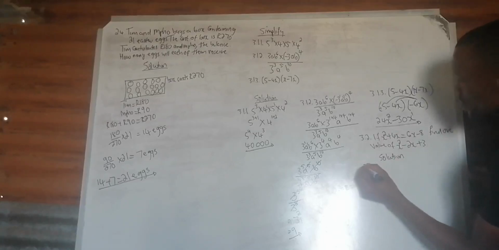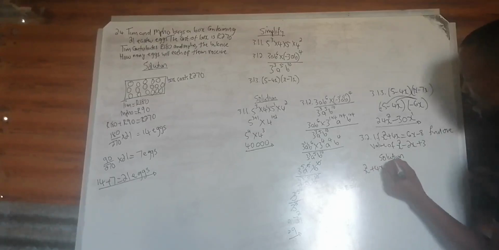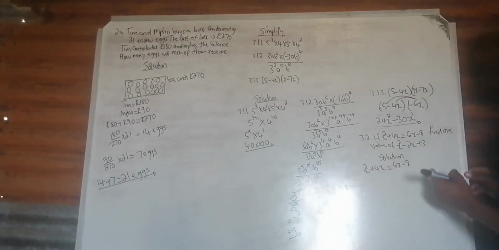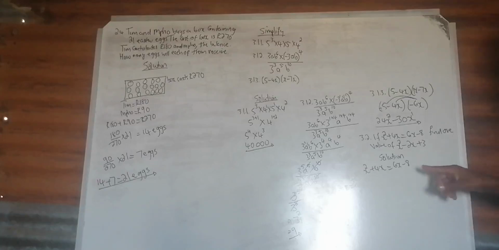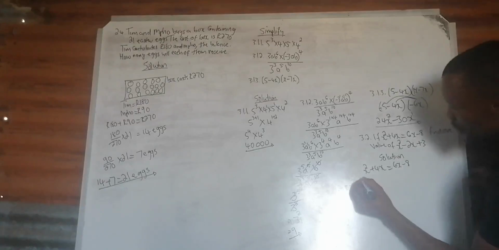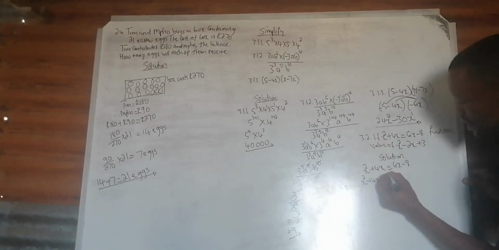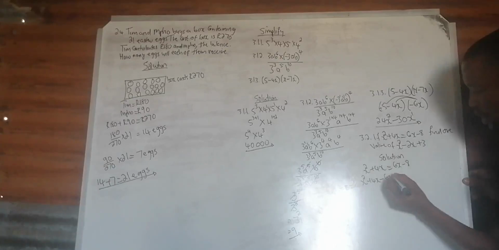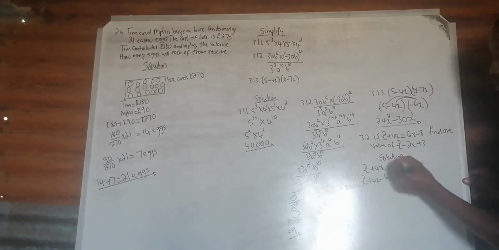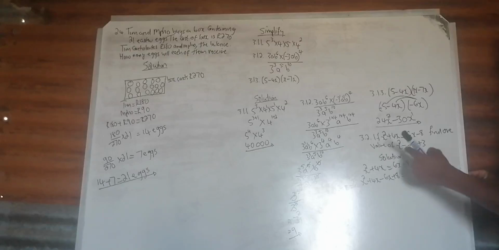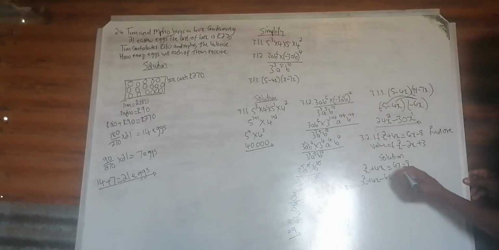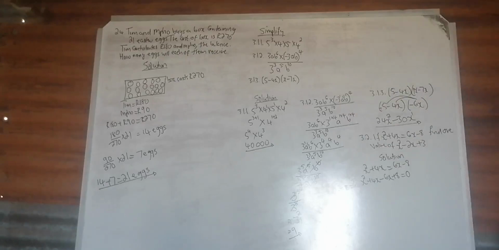Let's go to x squared plus 4x equals 6x minus 8. Let's simplify this. When this one goes to that side, it becomes negative. When this one goes to that side, it becomes positive. Because we've taken these two terms to that side, we are left with nothing on this side, which is 0.